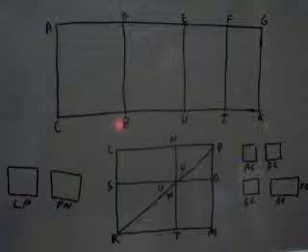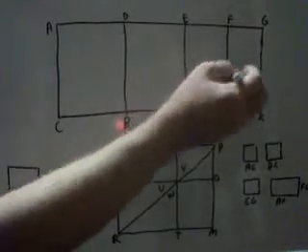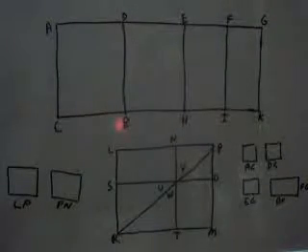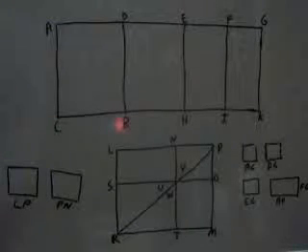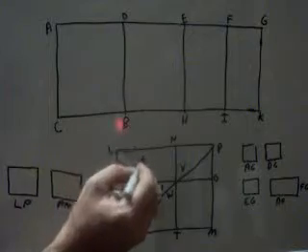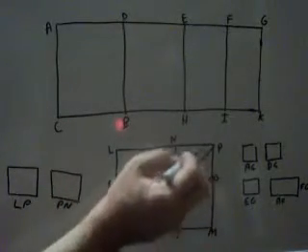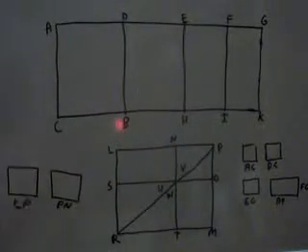Therefore, the whole DK, this plus this plus this, is equal to the gnomon UVW and NO. What is the gnomon UVW? That's this plus this plus this, and then you add this little extra square on top of it.